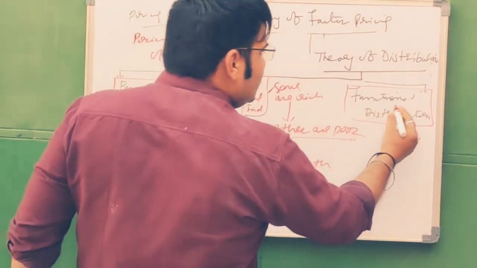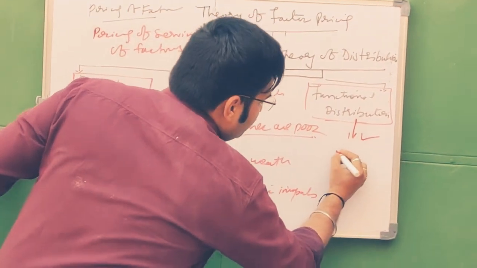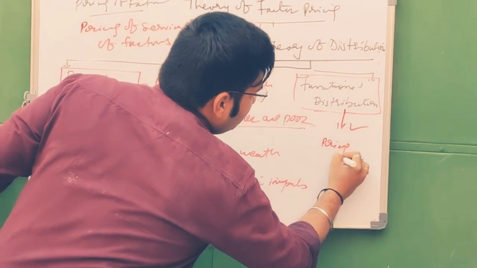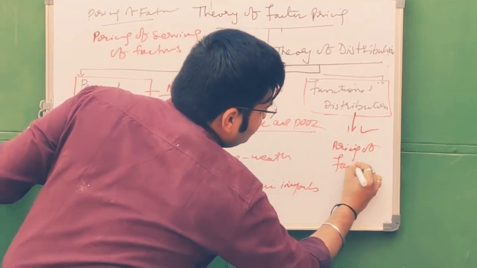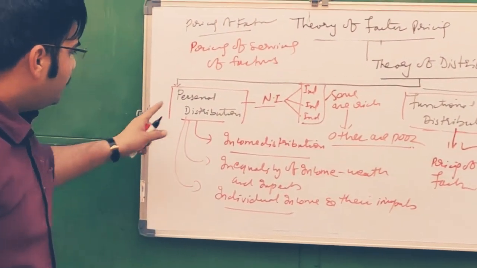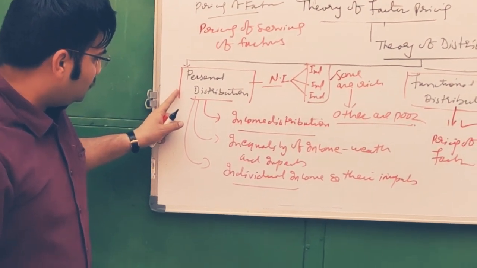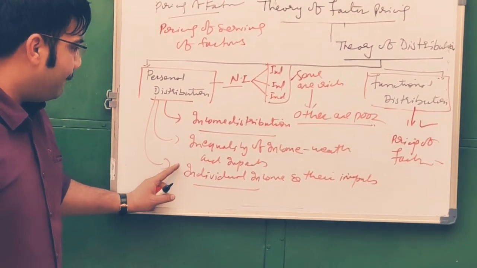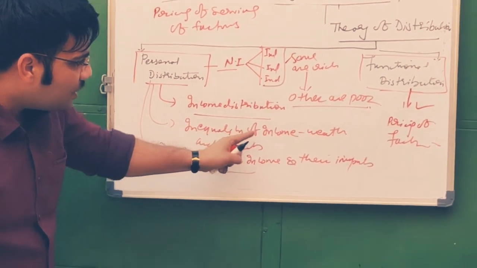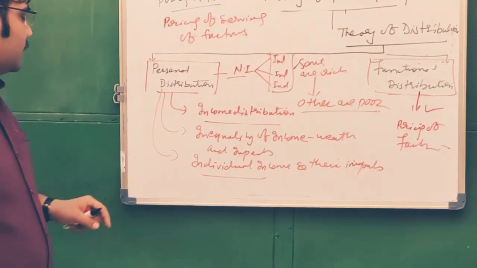So functional distribution is related to pricing of factors, whereas personal distribution is related to personal income and inequality of income and wealth.